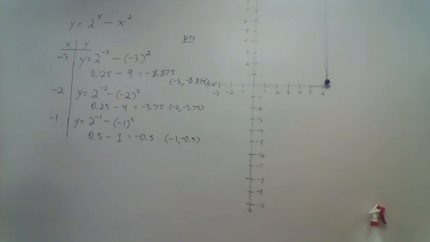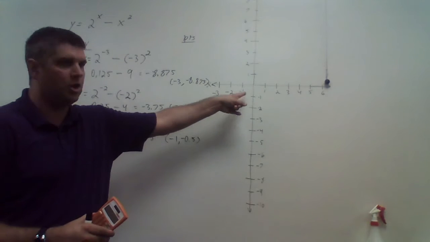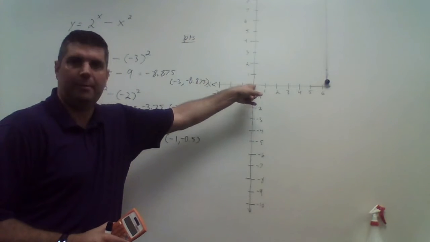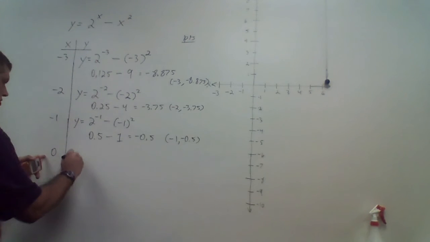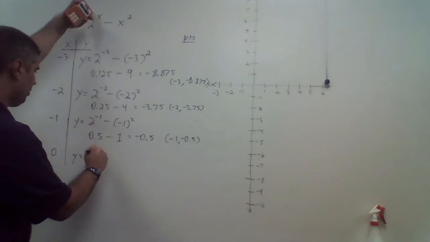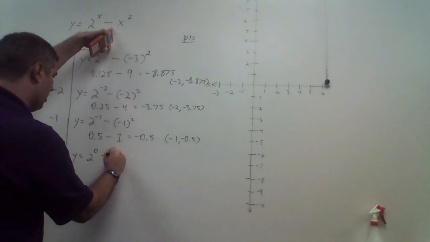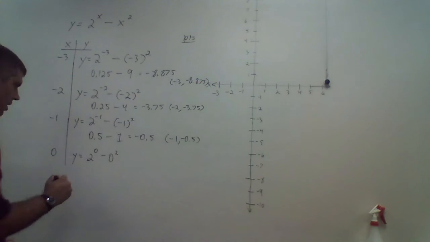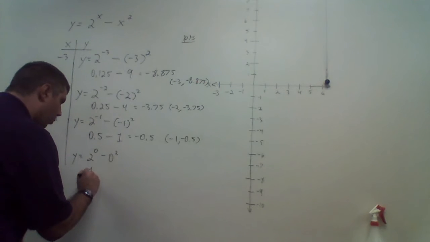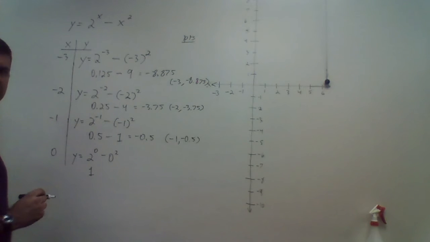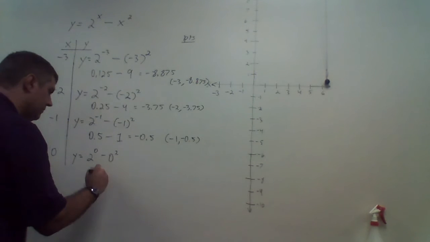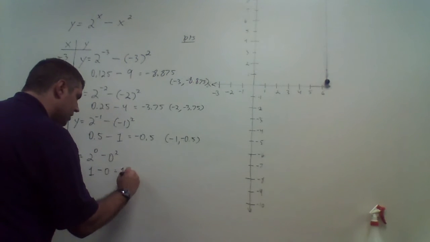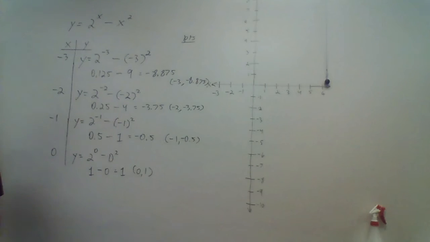All right? So I did negative 3, negative 2, negative 1. Now 0 is up. X equals 0, so y will equal 2 to the 0th power minus 0 squared. 2 to the 0th power is 1. Your calculators could tell you the same thing. Any non-zero value to the 0th power is 1. This is, of course, 0, so 1. So 0, 1. That's another point that we're going to use.